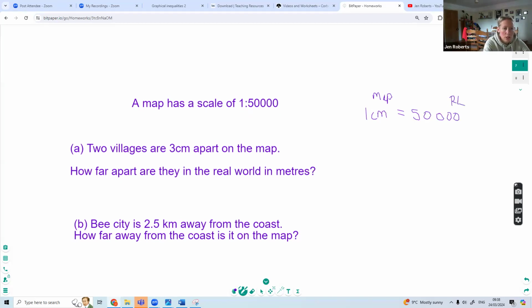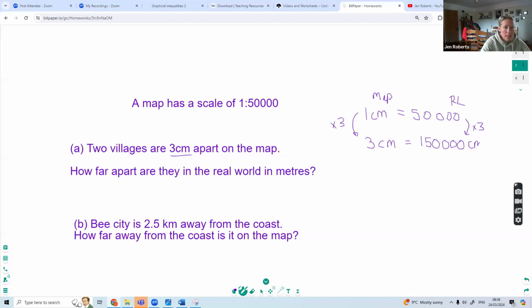We're told two villages are 3 centimetres apart on the map. How far apart are they in the real world in metres? So this is 3 centimetres on the map. How do you get from 1 to 3? Times by 3. So we times this side by 3, which gives us 150,000 centimetres.